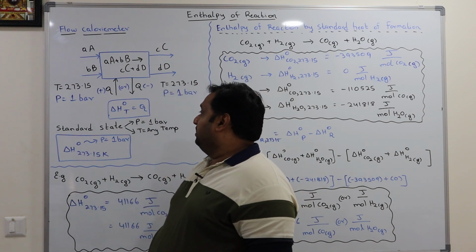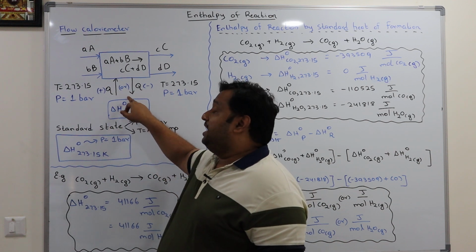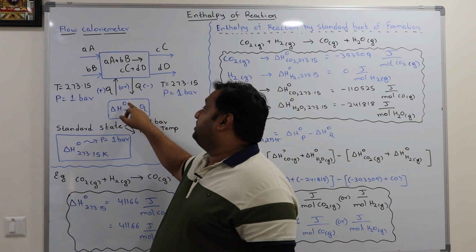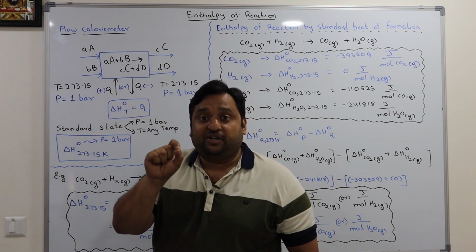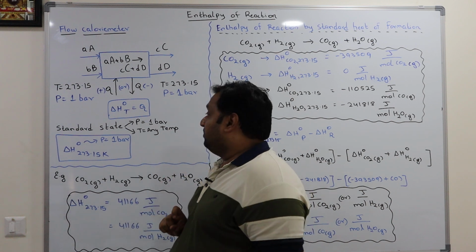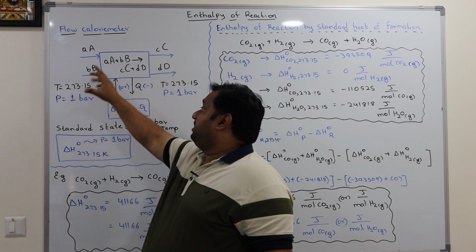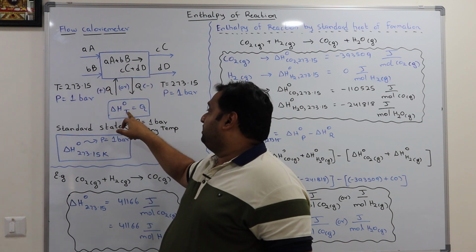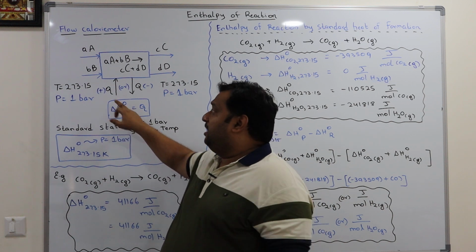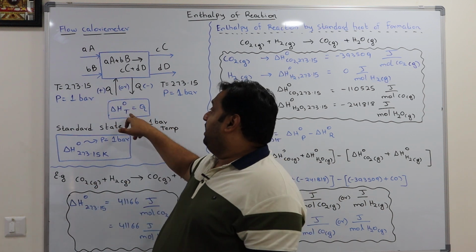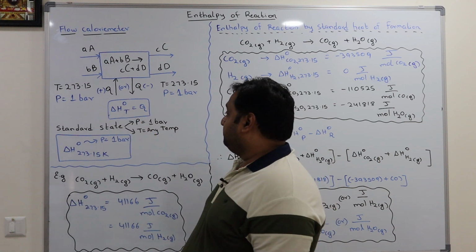This is the simple flow calorimeter people use to find the standard enthalpy of the reaction. As I told you, the standard enthalpy of the reaction is represented by delta H T with a degree symbol. This degree represents the standard state, which is taken as a pressure equal to 1 bar. The T means any temperature. If you want to conduct this reaction at a temperature other than 273, the temperature will change. If you want to conduct the reaction at another temperature, such as 500 Kelvin, it is specified as the enthalpy of the reaction at 500 Kelvin.